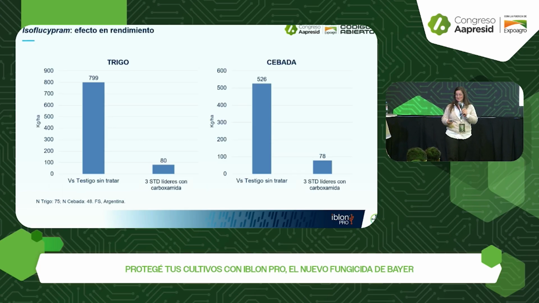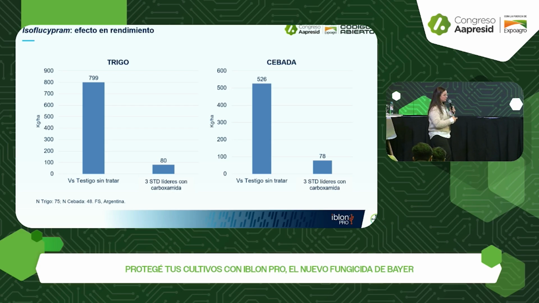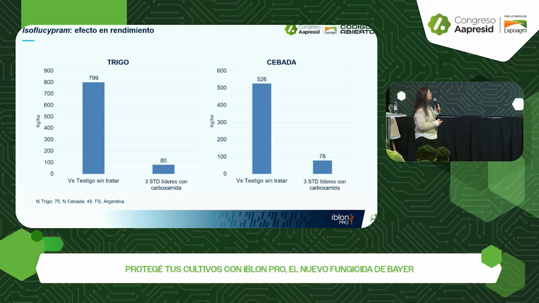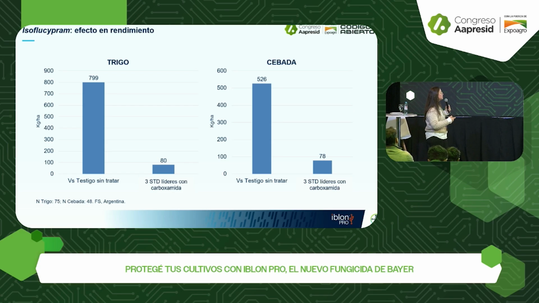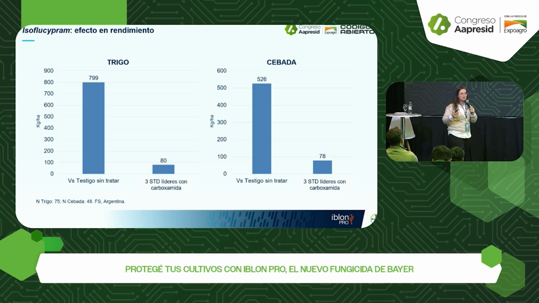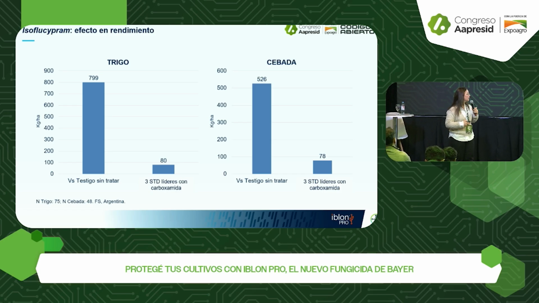And now let's see local information. I will start with wheat, the graph on the left, and you can see that in the case of wheat, we got almost 800 kilos difference as compared to untreated stands.